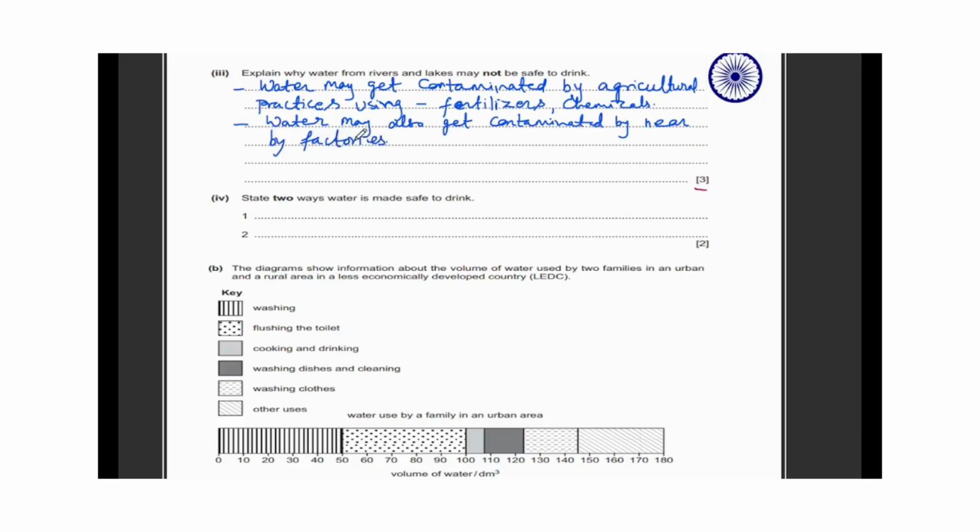though water is flowing, but it can get contaminated by river, nearby factories, okay, which are dumping their waste material in water. The third and very important point is urination or dead animals in these water body, okay, contaminate the water.